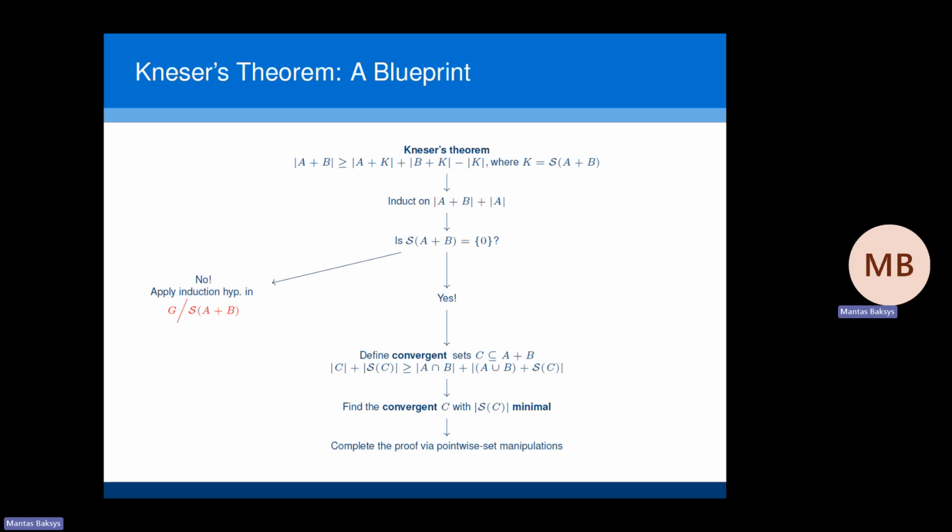When you see that the stabilizer is not trivial, what does it really mean? It means you have your set A and your set B, and then you also have A plus B. So this is A plus B, this is A, and this is B.